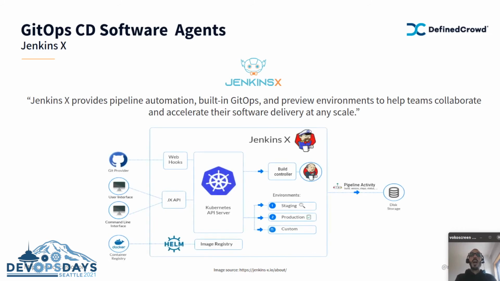At a high level, it also works in a very similar fashion. It knows how to look at a definition of state in a Git repository, it knows how to work with the Kubernetes API, and has support for several integrations, so it tries to achieve the exact same goals as Argo and Flux.